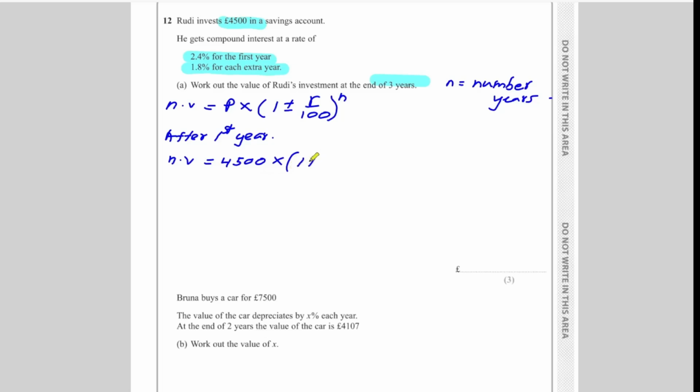1 plus, because that one is gaining something out of this investment. It is not depreciating. This is appreciation. So R is 2.4.